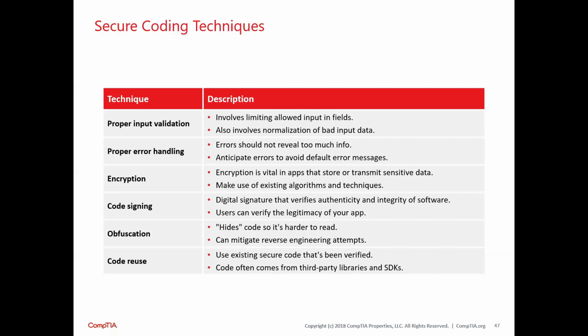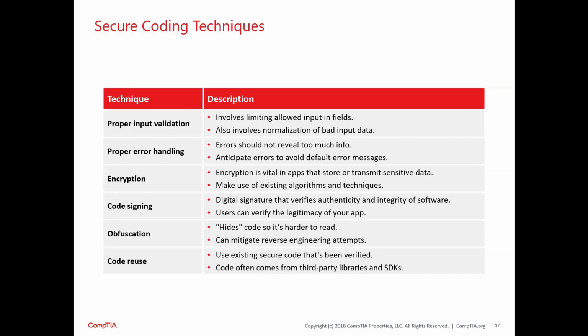And then we also have others like obfuscation, which is the process of hiding code. It can also mitigate reverse engineering attempts. So remember that obfuscation is a process of encoding or scrambling the code so that it will be harder to read and harder to understand the logic behind the code.